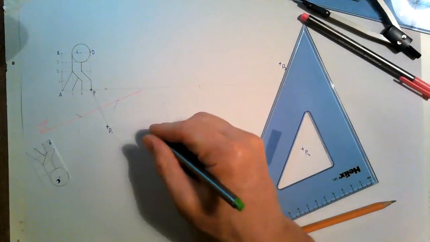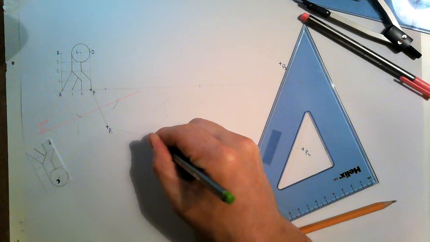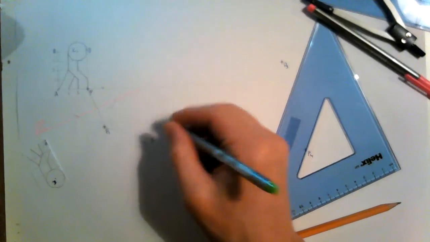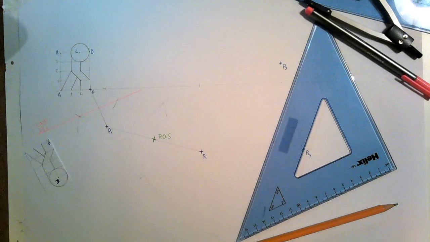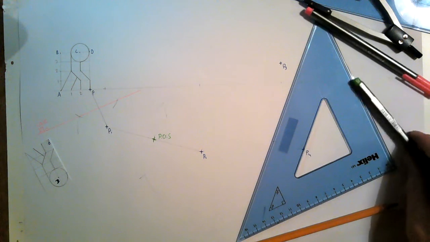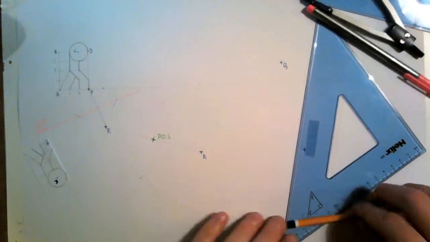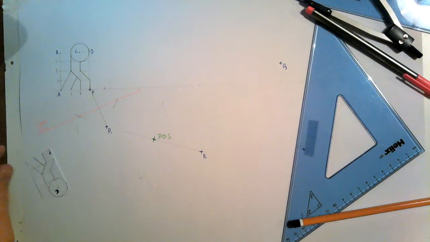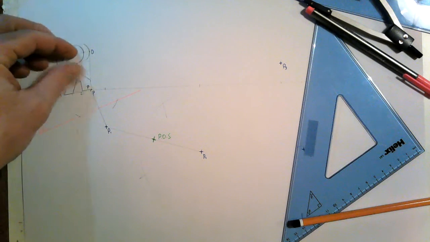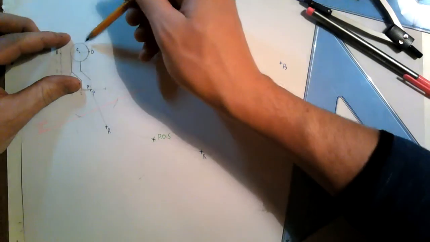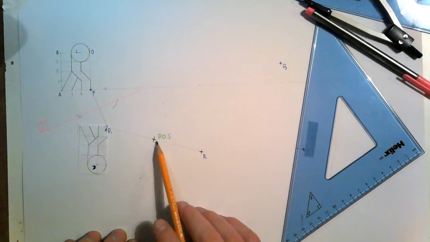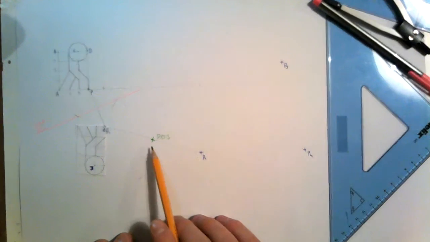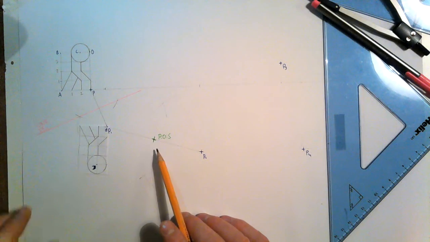That should give us our point of symmetry. We'll call it POS, point of symmetry. Okay. So we're going from our axial symmetry, then we go through our point of symmetry down to P2.